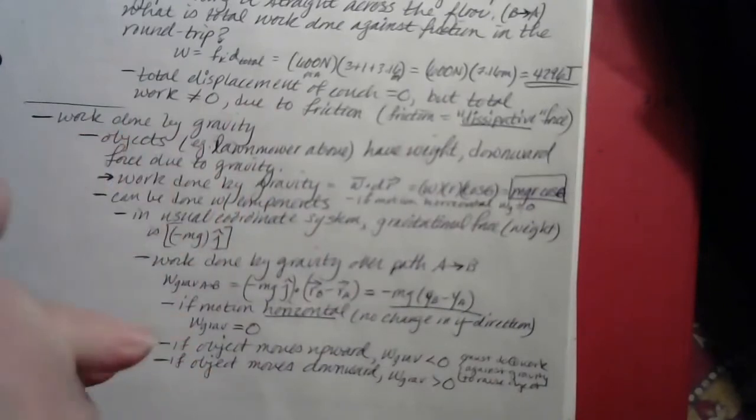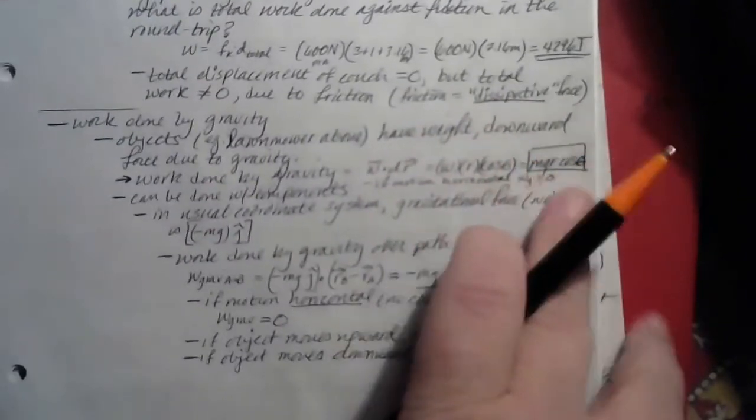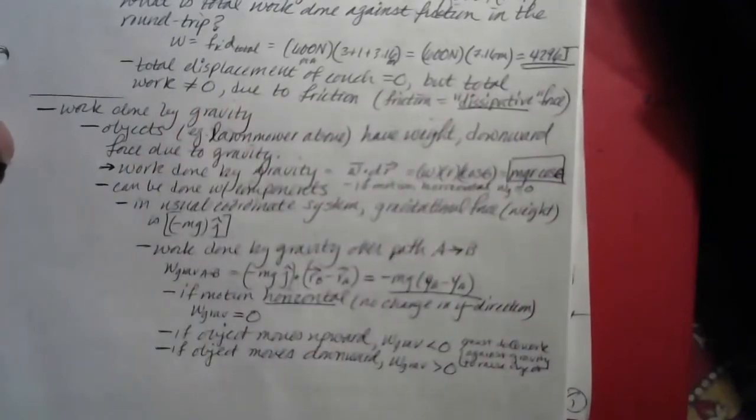You notice that the total displacement of the couch is 0, because displacement is just, again, measured as the straight line distance between where you end up and where you started. In this case, you end up right back in the same exact spot that you started. And so the total displacement is 0, but the total work is not 0.